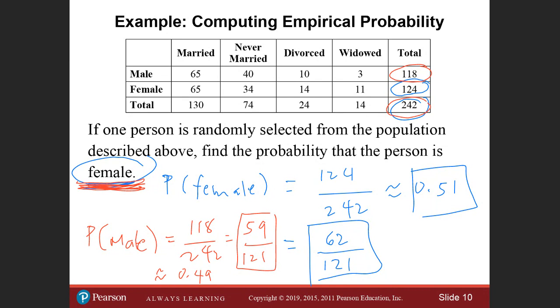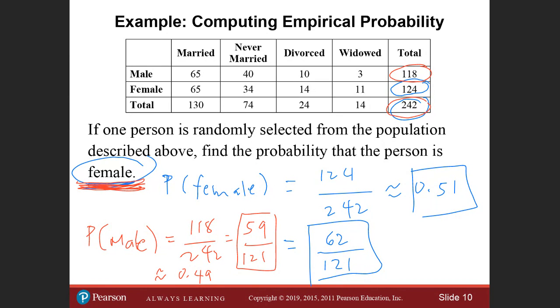That's 49% plus 51%, that's 100% total. So that's how you check your answer also. You can also say 0.49 plus 0.51 gives you a 1, because the maximum value for probability is 1. And we're only talking about male and female here, so the total would be 242. So it should sum up to a value of 1. Okay, so that's computing empirical probability.